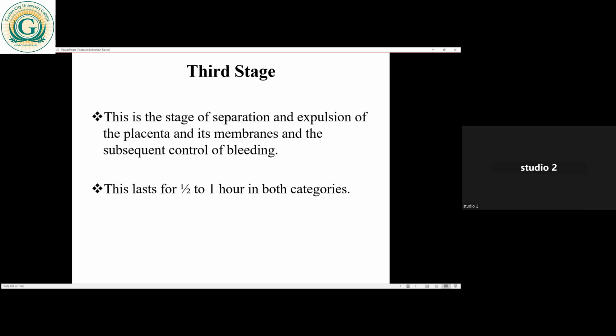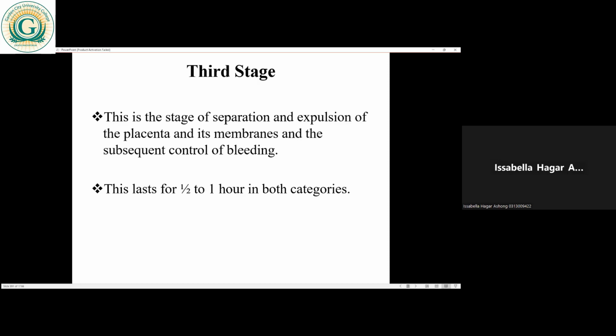I'm cautioning you, in the labor ward, timing of these stages is very, very important. If the stages are not timed, you don't know whether it's prolonged or not prolonged. The first stage takes up to 24 hours. It starts from the house, and the woman takes a very long time to deliver. The second stage is about 1 hour and the third takes about half an hour.